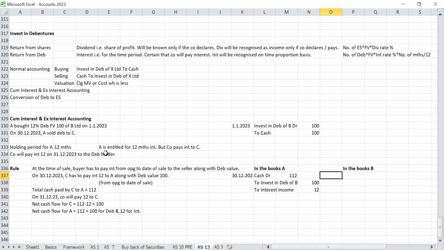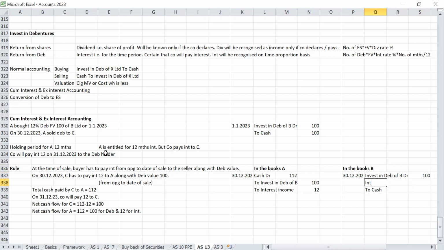Yes, sir. In the books of B, on 30th December, what entry will I pass? I am paying, so investment in debentures of B to cash, just the reverse entry. For investment, I am paying 100.